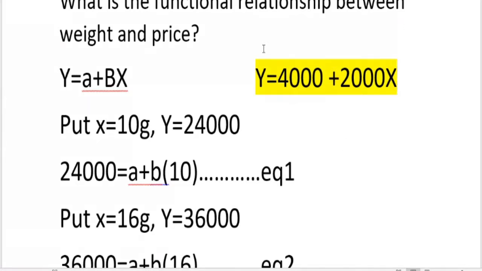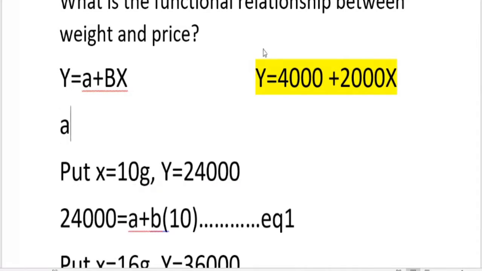Now, this is very simple. But what interpretation, what type of meaning do we get out of it? If we have this mathematical relationship, what do we get out of it? Points that you remember. If we put x equal to 0, number one point is that the value is very important.